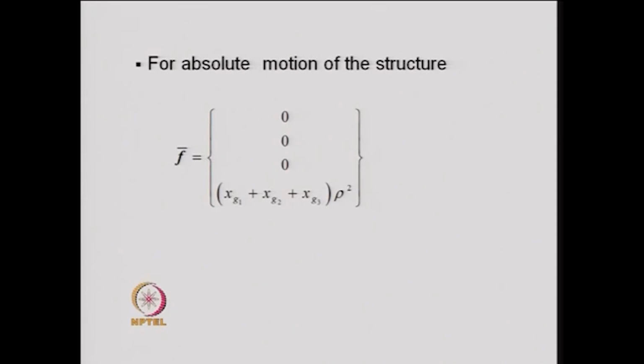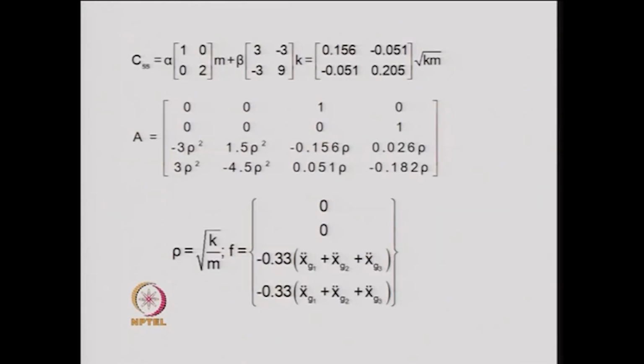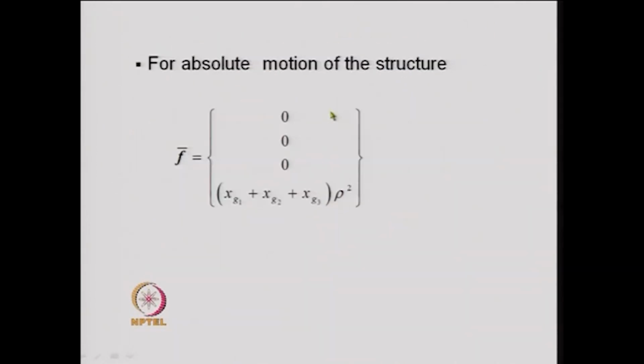Now, if we wish to write down the equation of motion in terms of the total displacement, again in the state space form, then the A matrix remains unchanged, as I said before. So, the A matrix remains this, and the only thing that changes is the right hand side load vector.